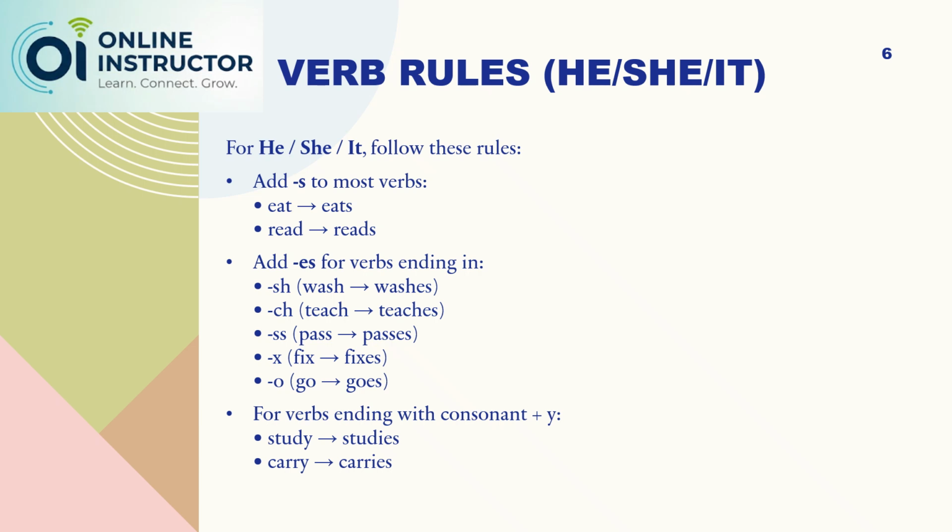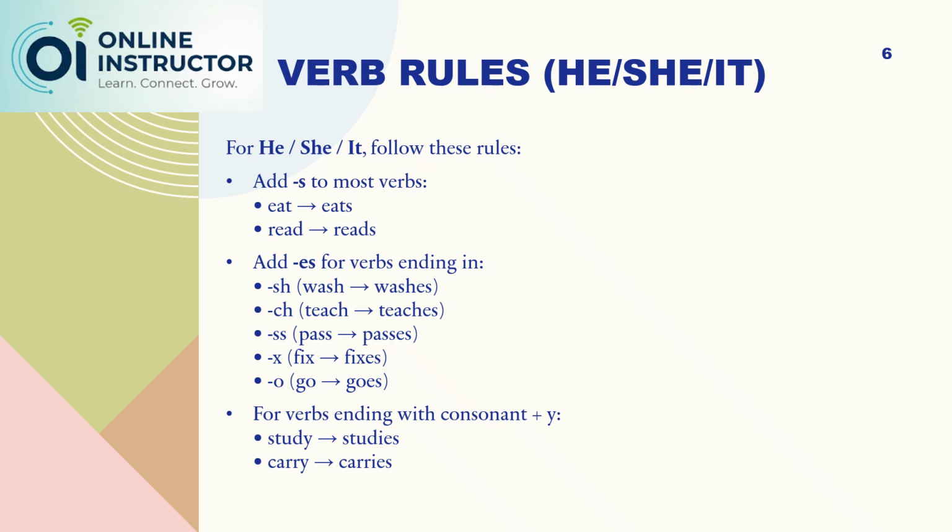It is very important to remember the verb rules for he, she, and it. For most verbs in English, we simply add s when the subject is he, she, or it. For example, eat, eats, read, reads. For most verbs, the rule is simple.